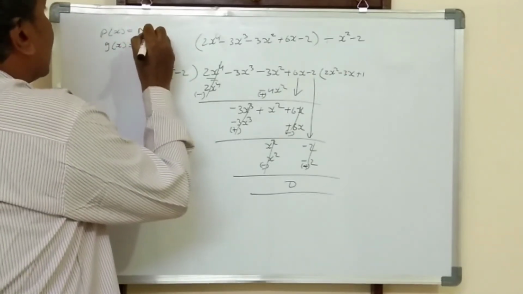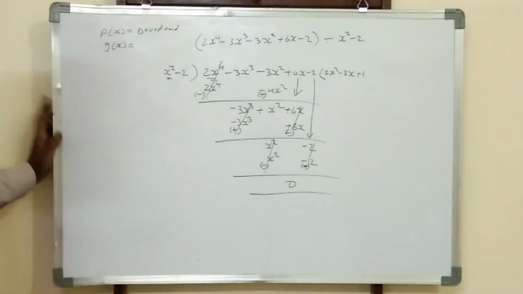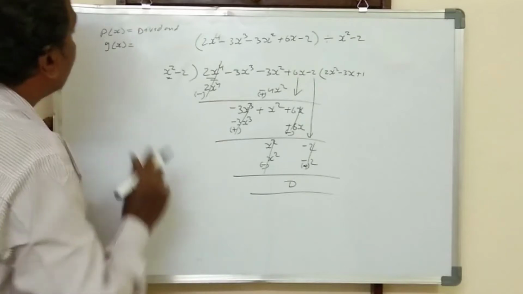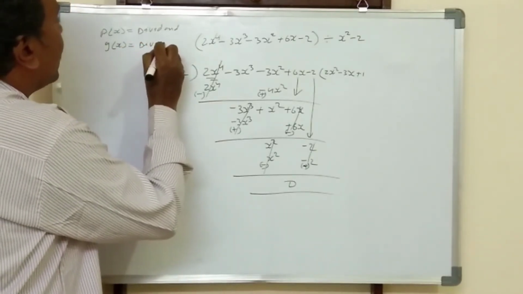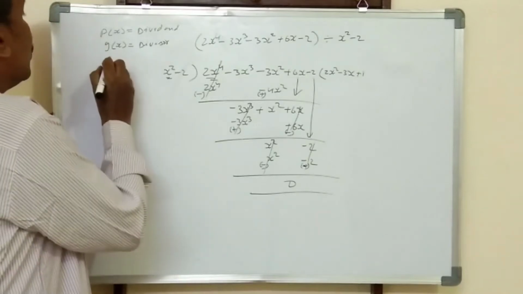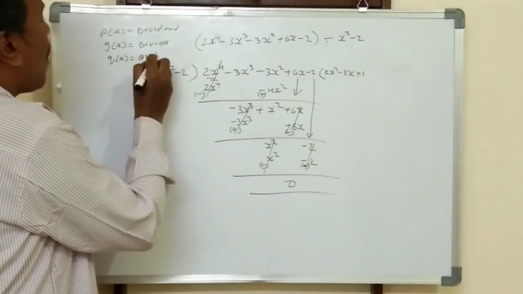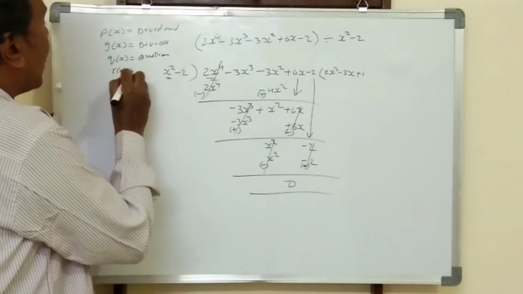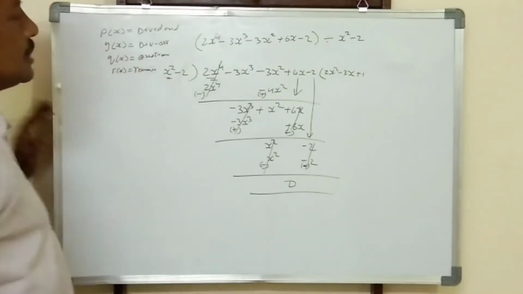The dividend is denoted with p(x), and the divisor is denoted with g(x). q(x) is the quotient, and r(x) is the remainder.